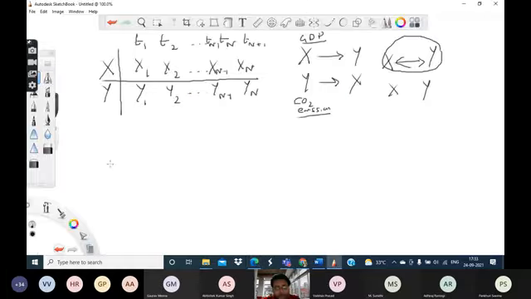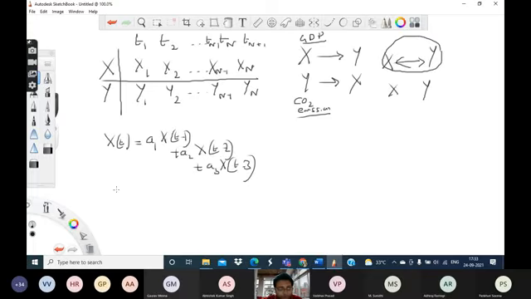Let us say the proposed model is like this: xt is equal to a1 of xt minus 1 plus a2 of xt minus 2 plus a3 of xt minus 3. Now what do we do? We define a loss function like this.